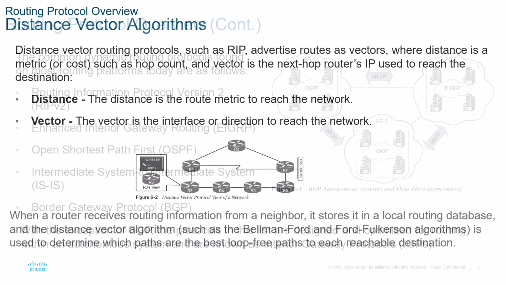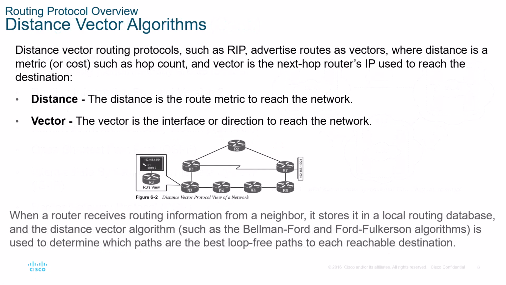All right, after we get past that, we have the different forms of routing protocols. Basically, what sets them apart? Distance vector routing protocols, such as RIP, will advertise their routes as vectors, where the distance is a metric or a cost. With RIP, they use hop count.